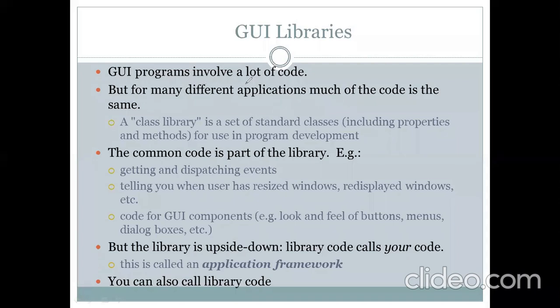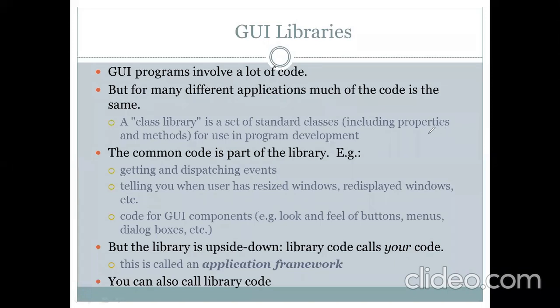But for many different applications, much of the code is the same. For example, a class library is a set of standard classes, including properties and methods for use in program development.